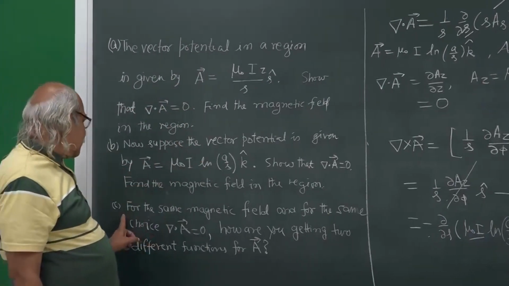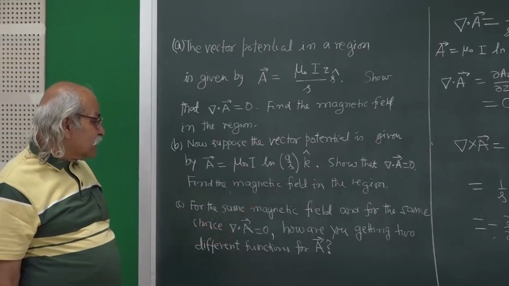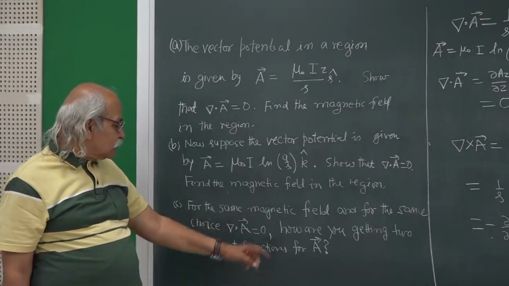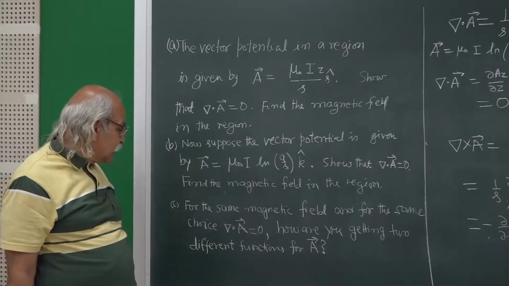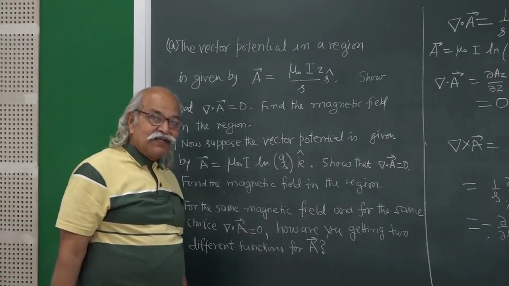And therefore, the third question: for the same magnetic field and the same choice of divergence of A equal to 0, how are you getting two different functions for A?